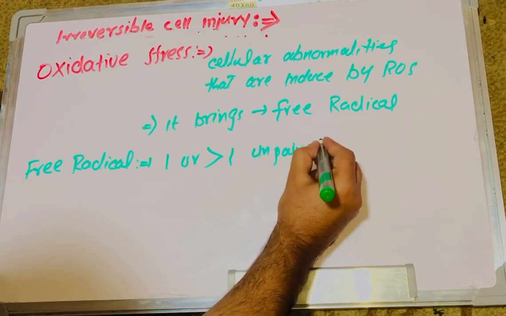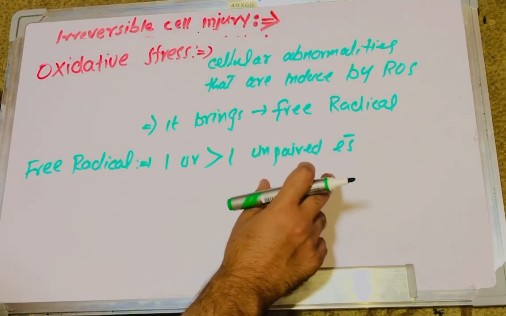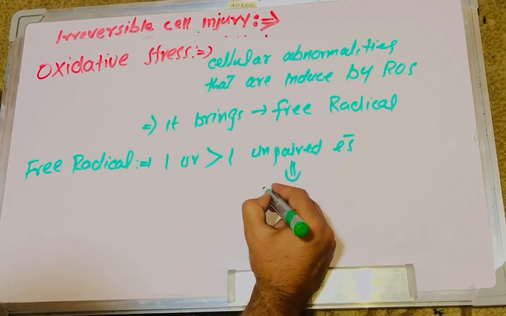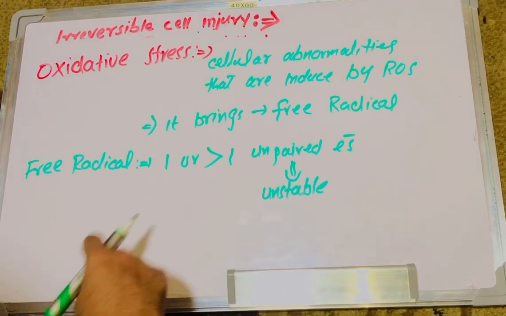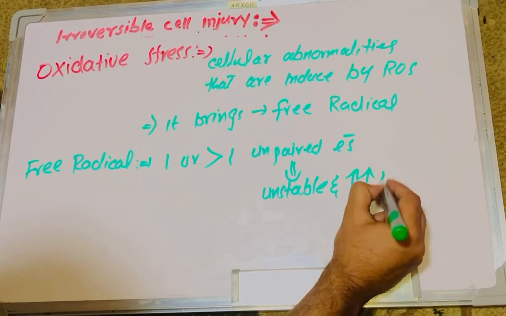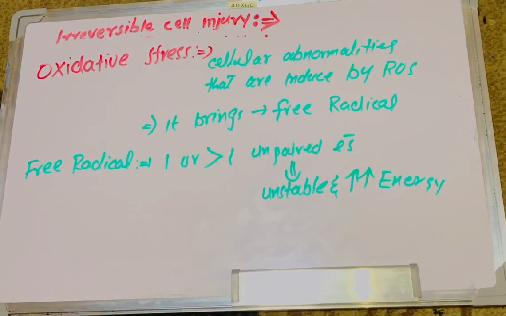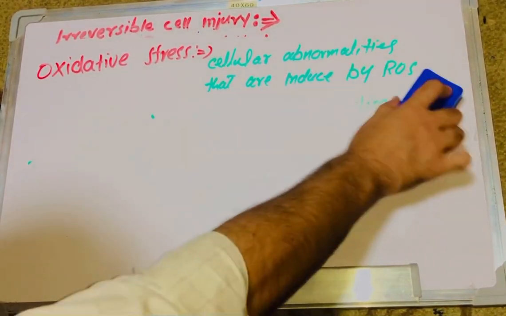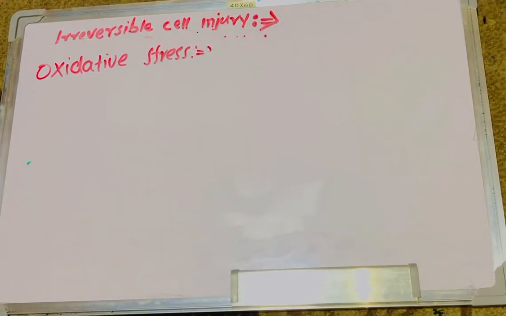Because they have unpaired electrons, these molecules are unstable and produce a lot of energy. So free radicals are molecules with one or more unpaired electrons.